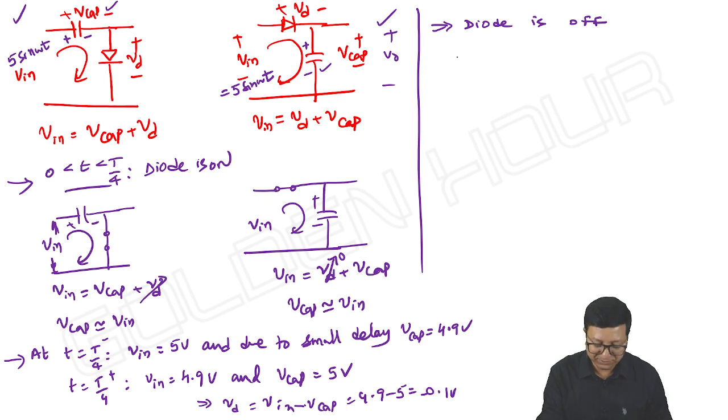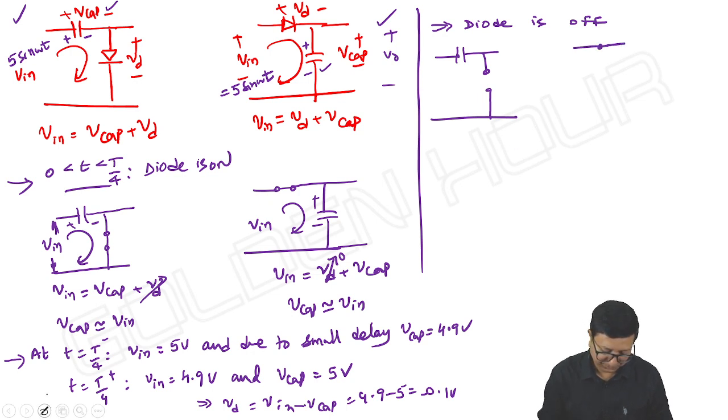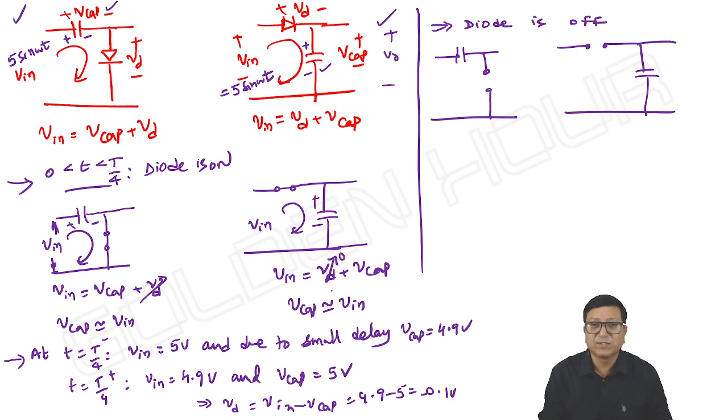Once the diode is off, circuit 1, how does it appear? This way. And circuit 2, how does it appear? That's it. In both the cases, what you can see, the capacitor will charge up to 5 volt with polarities like this. Here also the capacitor will charge up to 5 volts with polarities.